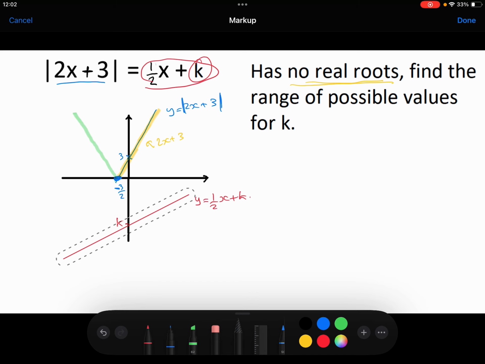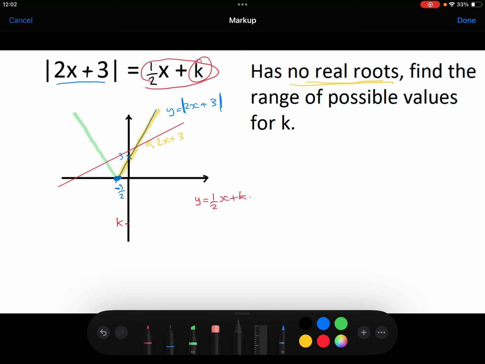So clearly for negative values of k, if k is negative, if my line was having a negative y-intercept, there are no roots to this equation. It's only when I get into the positive values up here where we start getting two solutions, where we start getting roots to the equation.